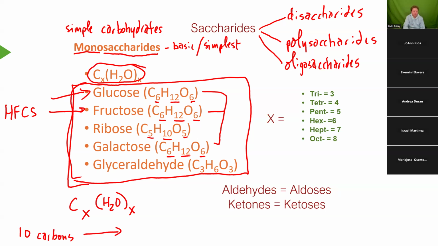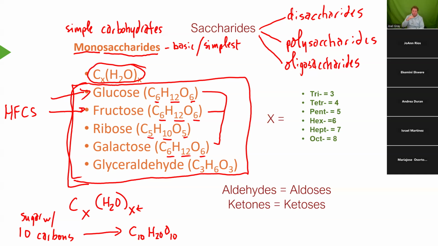A sugar with 10 carbons has a formula of C10, and then that 10 also goes in here, and that 10 gets applied to everything in the parentheses, so that would be H20, O10.